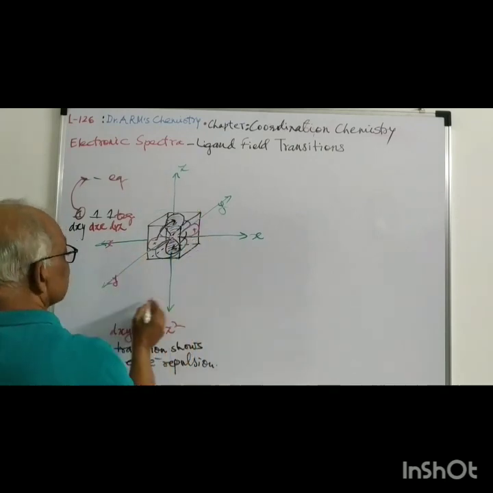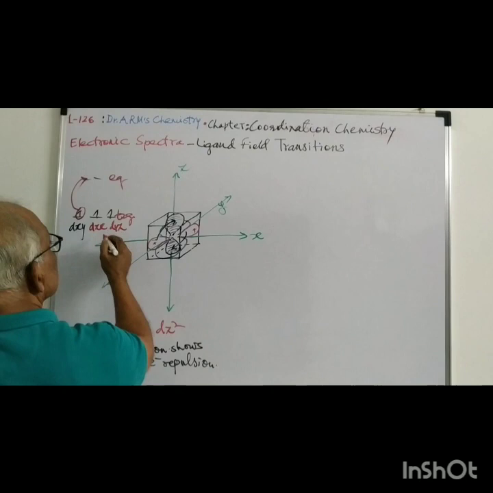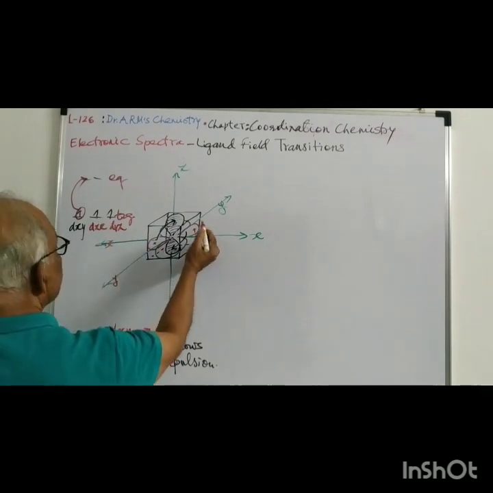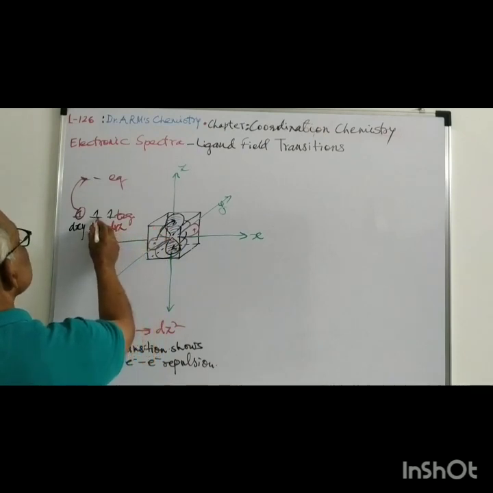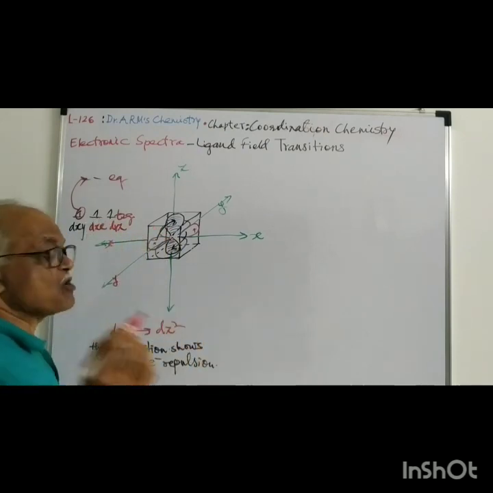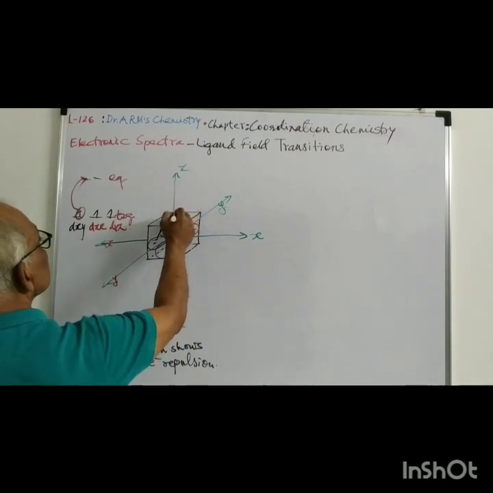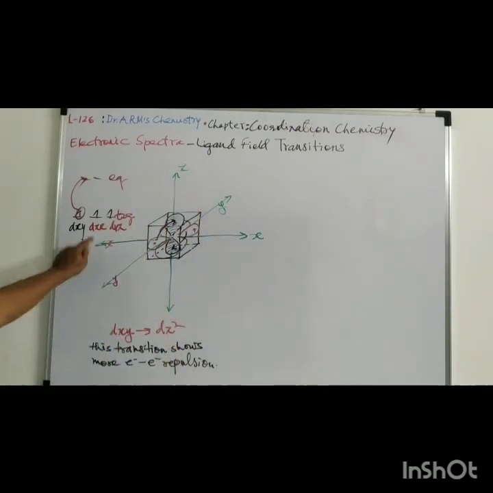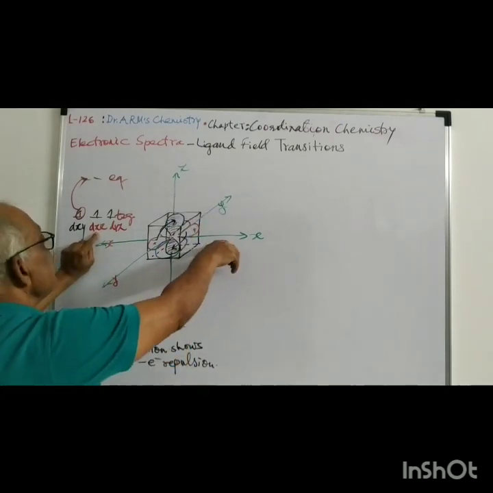So these orbitals are lying between z and x axis, and the orbitals already have electrons, but these orbitals are lying relatively closer to the dz2 orbital. So you can imagine the z axis here. Dzx means the orbital is lying between the z axis and x axis.